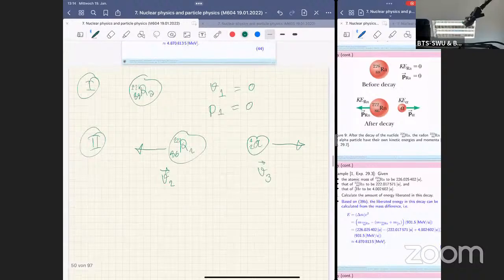So V2 is different from V3. We know that the momentum at the beginning, P1, is 0, so the momentum should be maintained. It should remain the same.